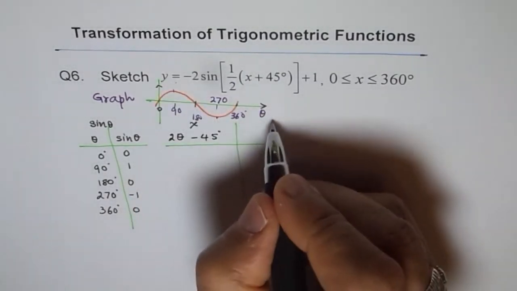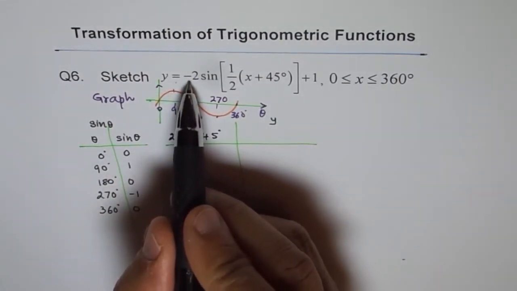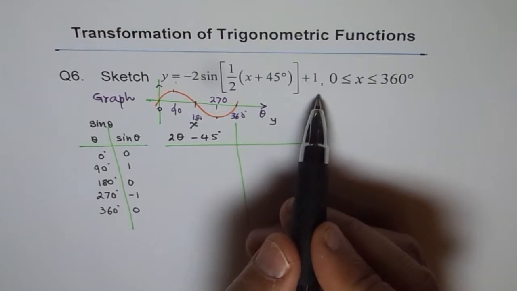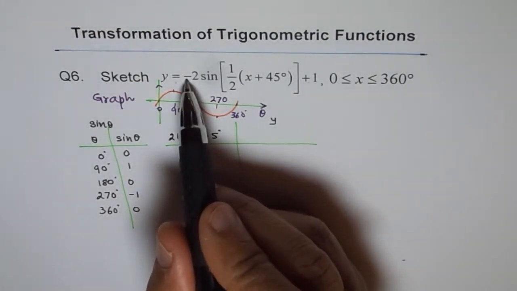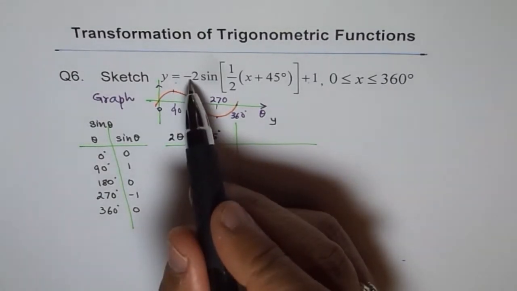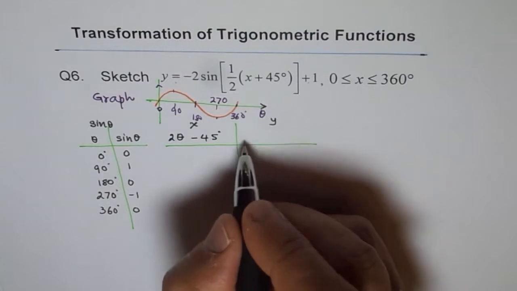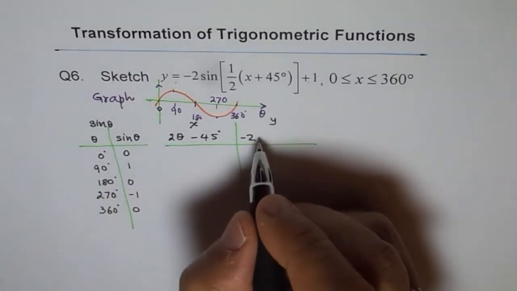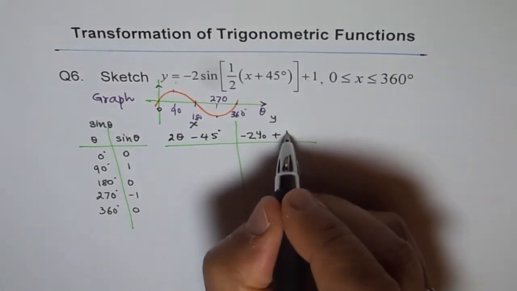And how about the y values? The y values in this case will get multiplied by minus 2 and then you add 1. For the vertical translation, 1 unit up. Minus 2 means reflection on the x-axis, so it makes all y values negative, and then multiply by 2. So we do minus 2 times the values here. Let me write those as y initial values and then add 1 to them.